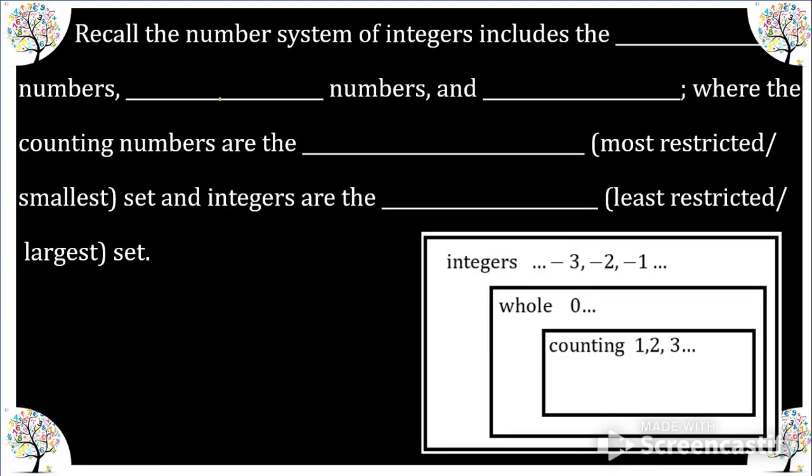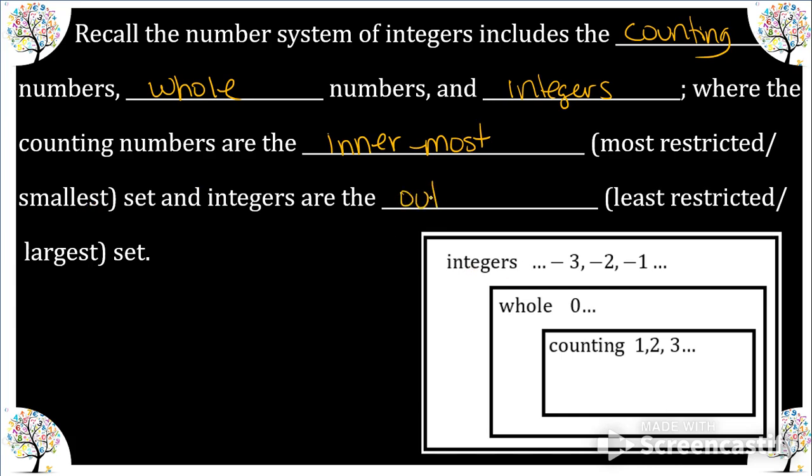Recall the number system includes the counting numbers, whole numbers, and integers, where the counting numbers are the innermost set, they are the most restricted, the smallest set, and integers are the outermost, which is the least restricted.